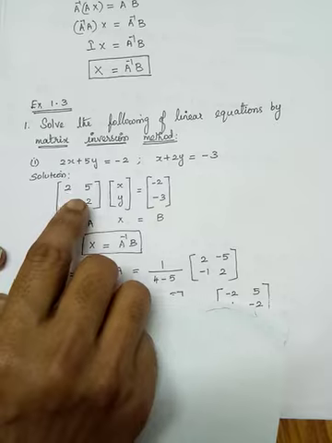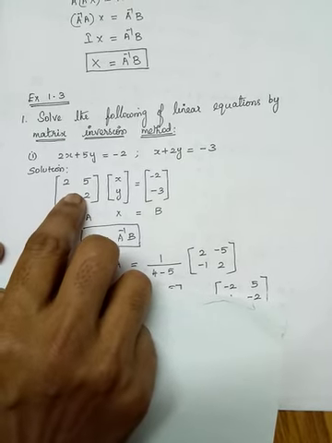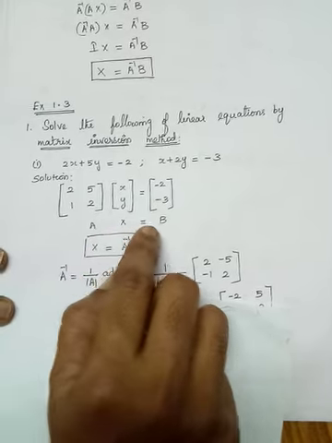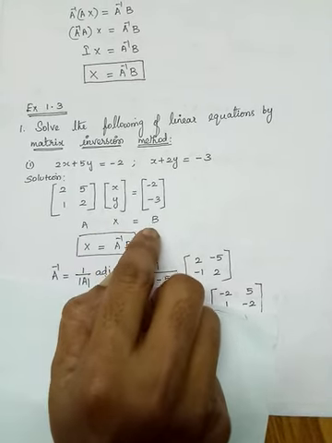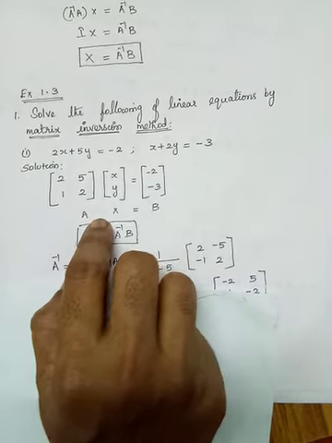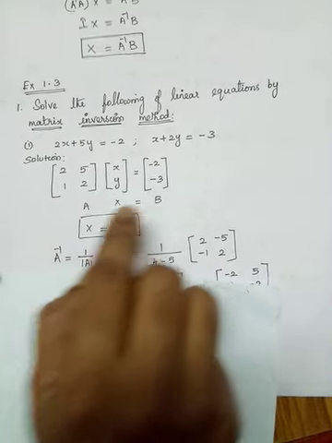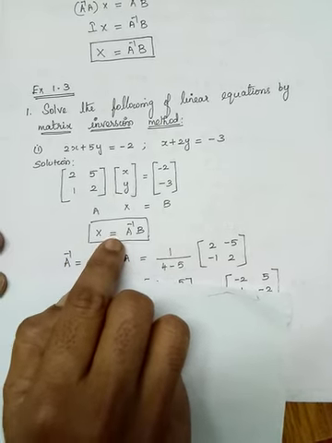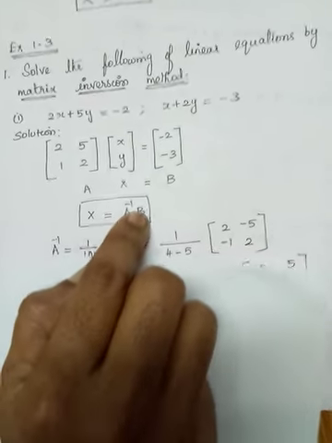This matrix is A, this is X, and the right hand side matrix is B. So I have written it in the form Ax = B. The formula to be used is X = A inverse B.